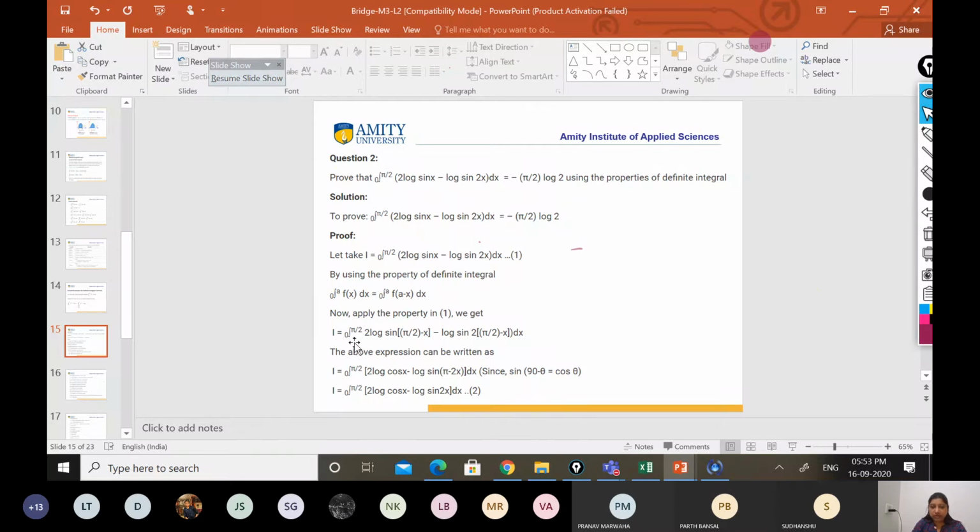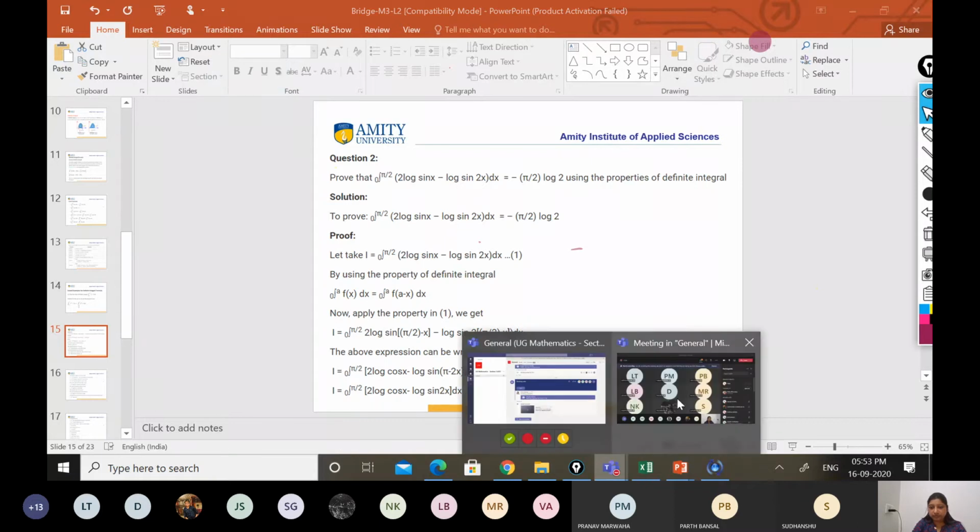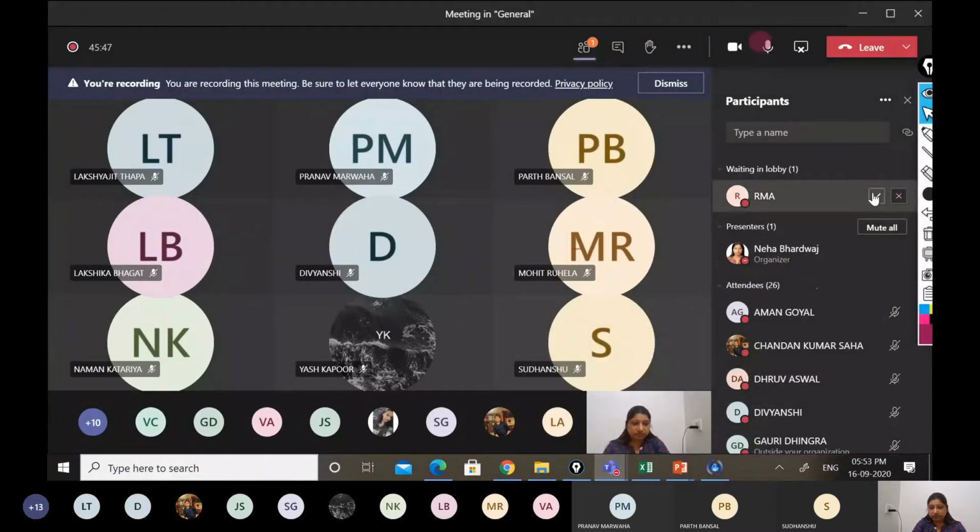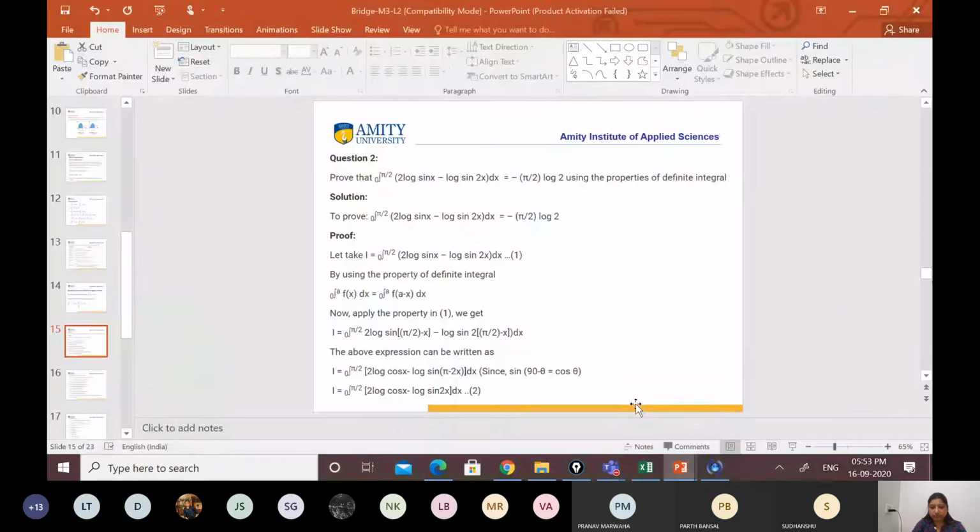So I is equal to the integral from 0 to pi by 2 of log sine of (a minus x), where a is pi by 2 here. So we simply write sine of 90 minus theta and sine of 2 times 90 minus theta.